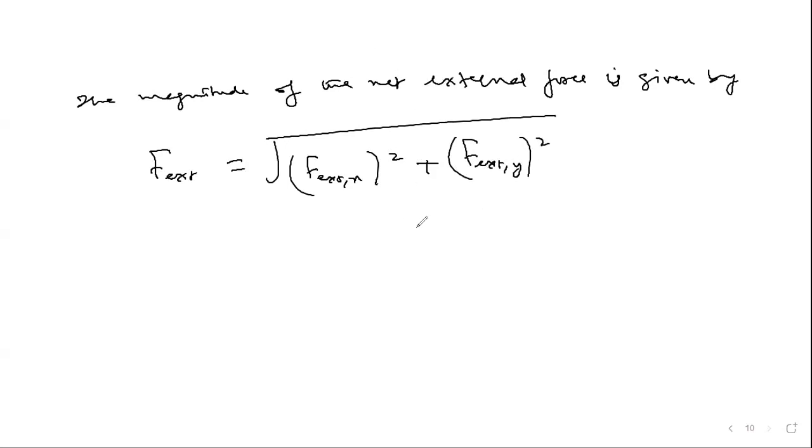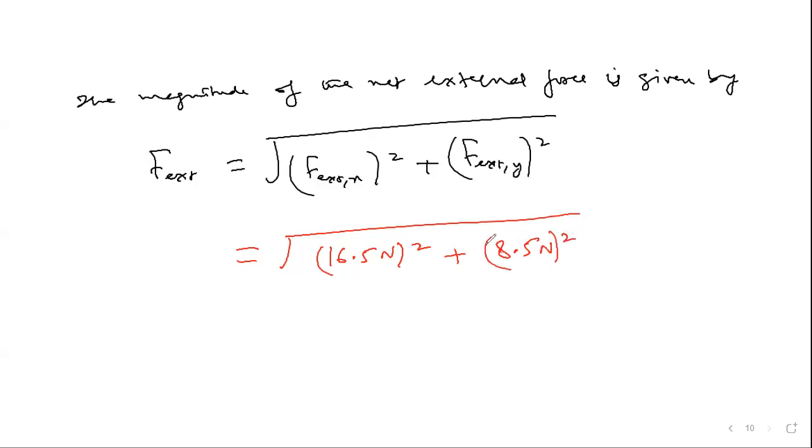The simple rules of vectors. Then you put the values which you have calculated. The 16.5 Newton square plus 8.5 Newton square, right? External x square, external y square. So when you calculate it, it is 18.6 Newton.